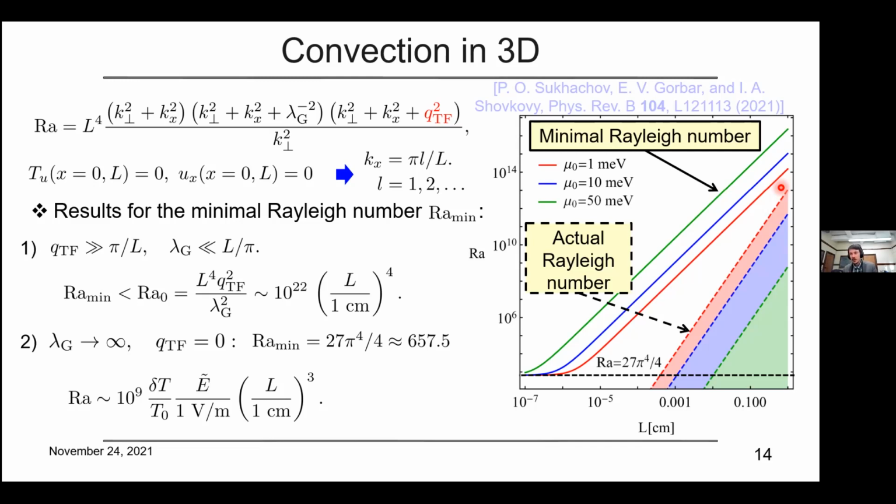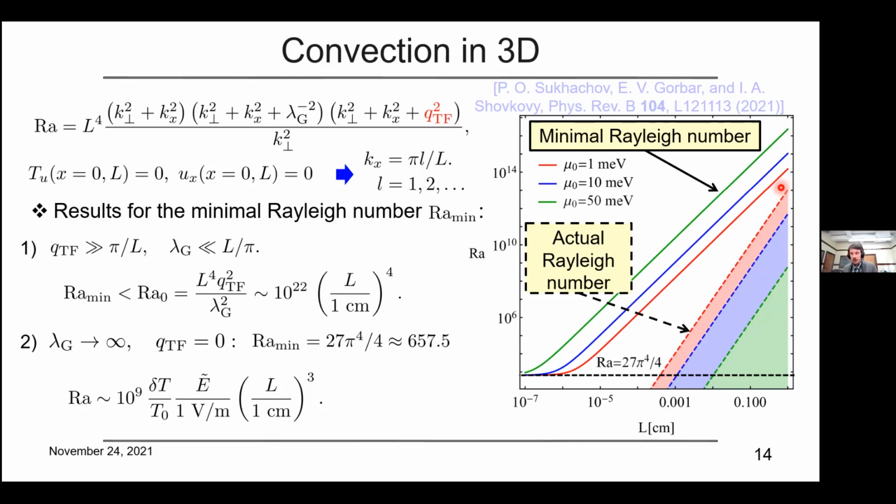And this leads to the fact that we need to apply either an extremely large thermal gradient or extremely large electric fields to the sample in order to achieve something reminiscent of the convection instability. Therefore, we concluded that convection is literally impossible in three-dimensional materials.